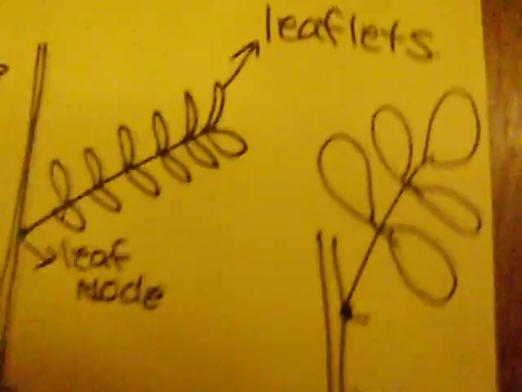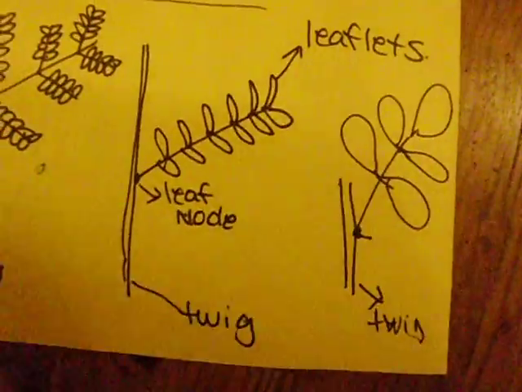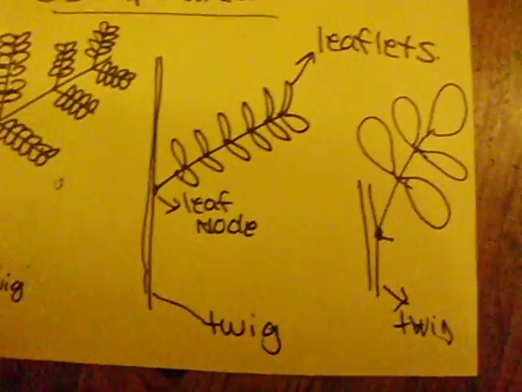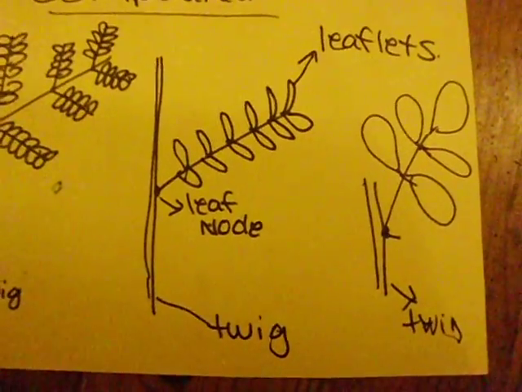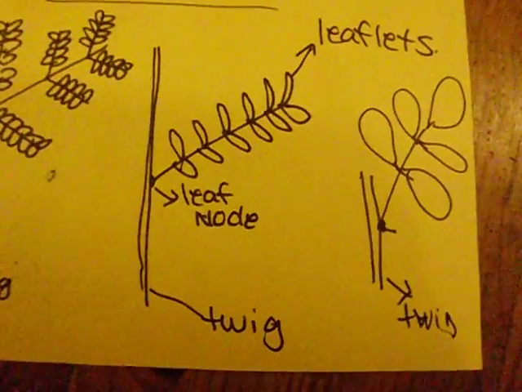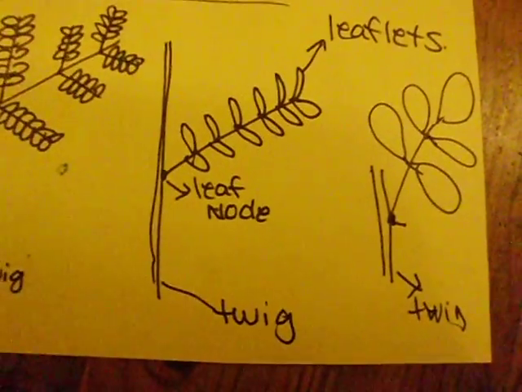So it can look a little different than the other one that I drew. It's important to remember that to identify a lot of the trees, especially when you get to the hickories, you will count the number of leaflets.